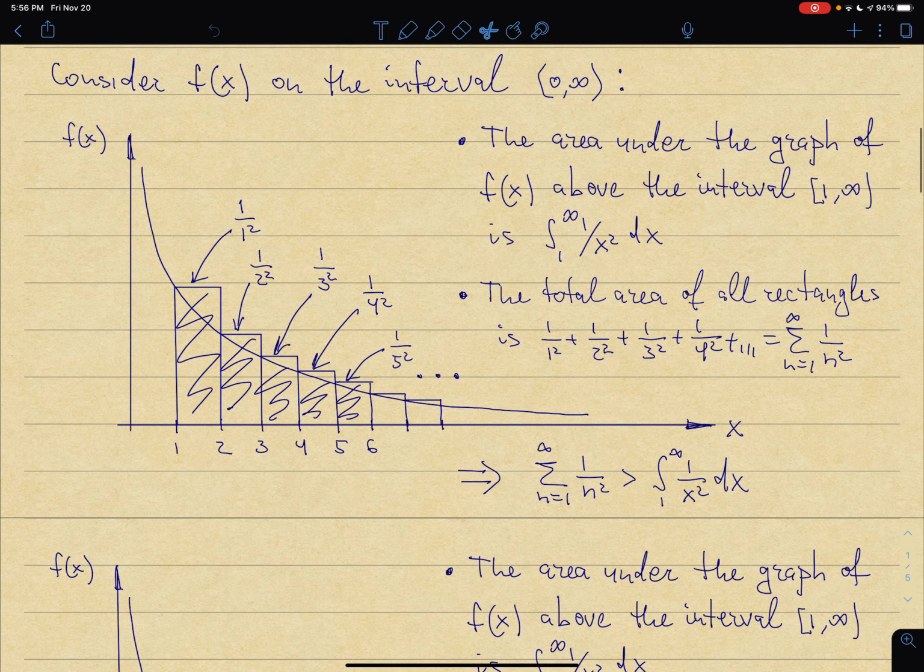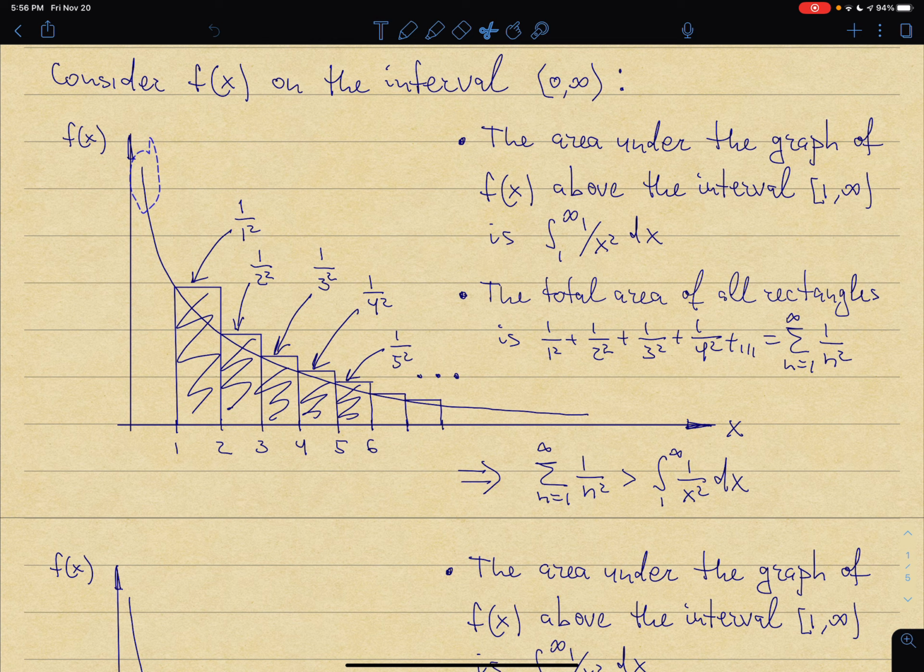So let's forget about the series for a moment and just look at this function on the interval from 0 to infinity. In fact, we can even look at the interval from 1 to infinity. So the graph of 1 over x squared should look basically like the graph of 1 over x. f of x is going to be diverging when x gets close to 0.